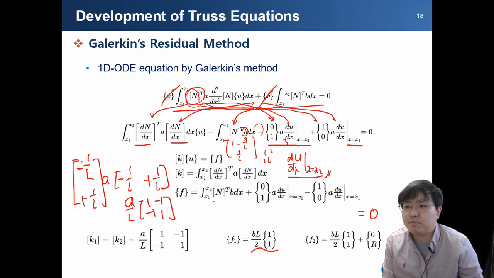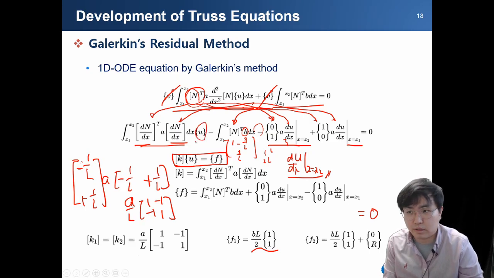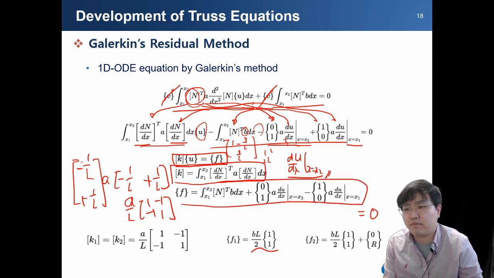Our final goal can be expressed as ku equal to f, so this part becomes k and u here, and the remaining part becomes f. This is the local stiffness matrix, and the remaining part is forces.